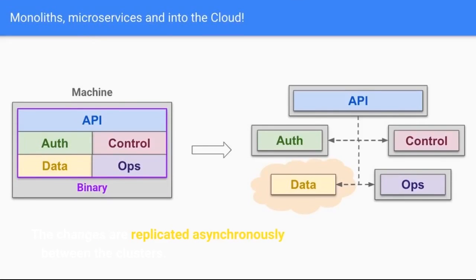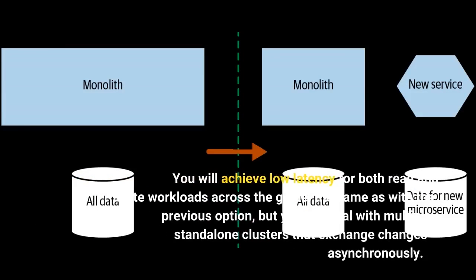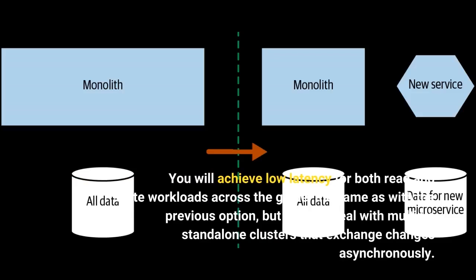The changes are replicated asynchronously between the clusters. You will achieve low latency for both read and write workloads across the globe, the same as with the previous option, but you will deal with multiple standalone clusters that exchange changes asynchronously.